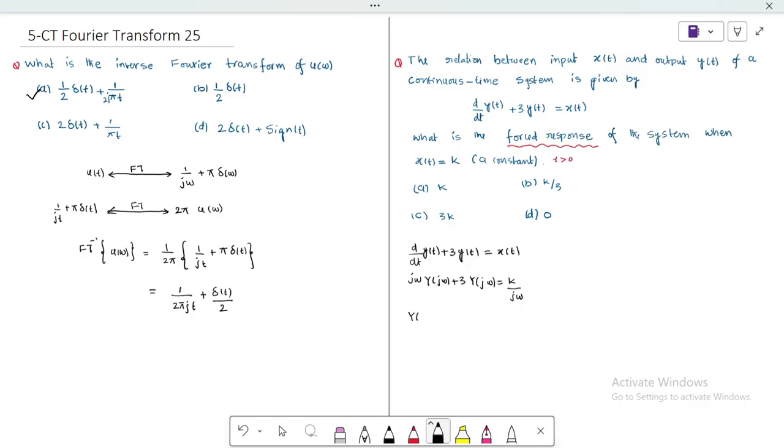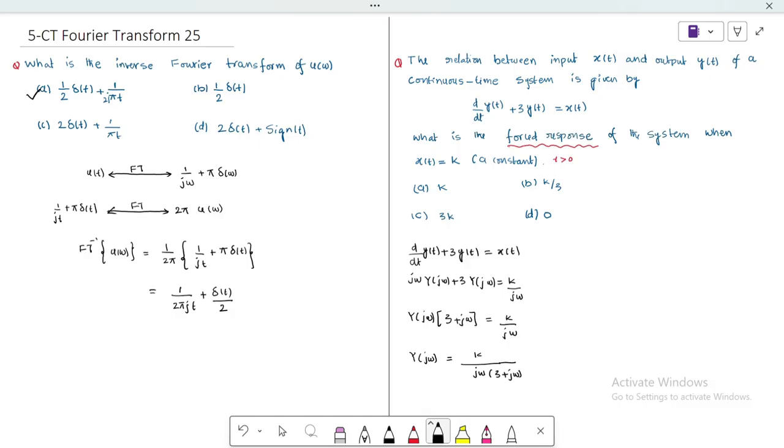So Y of j omega is common, then what are we getting? 3 plus j omega equals k by j omega. So Y of j omega equals k by j omega into 3 plus j omega.